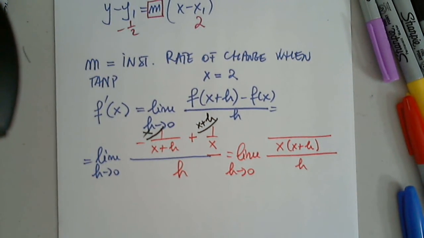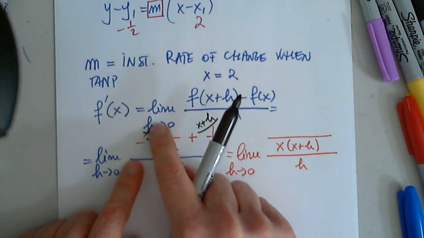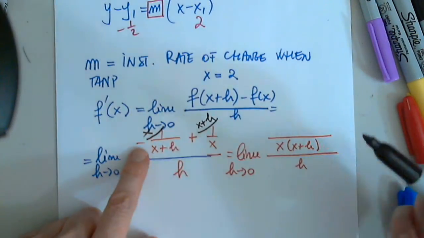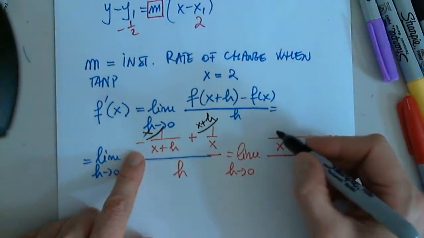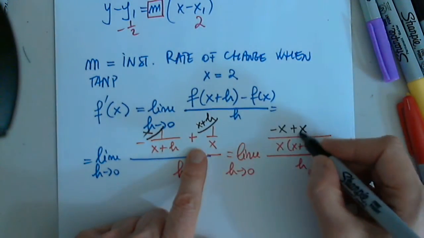So what do I write at the top here? Negative x, very good. And then plus x plus h.